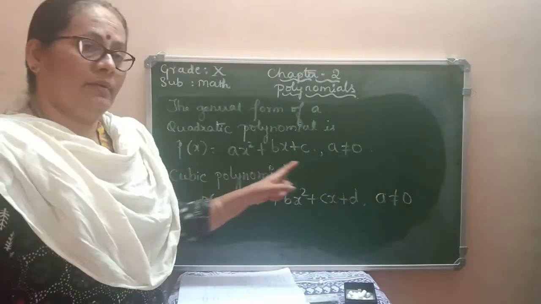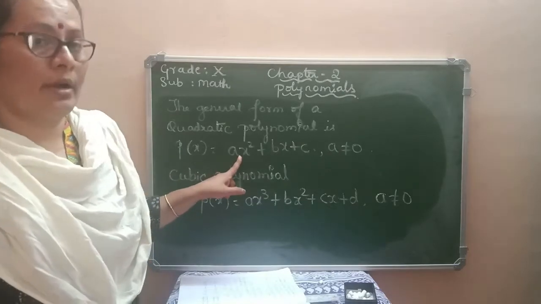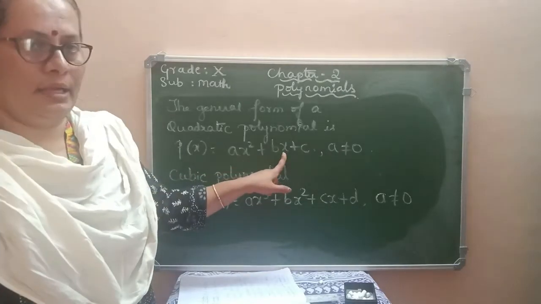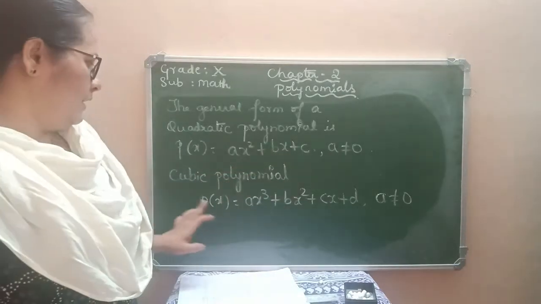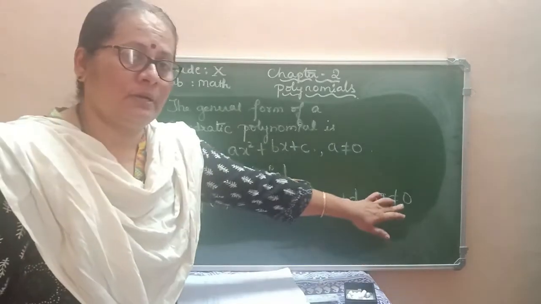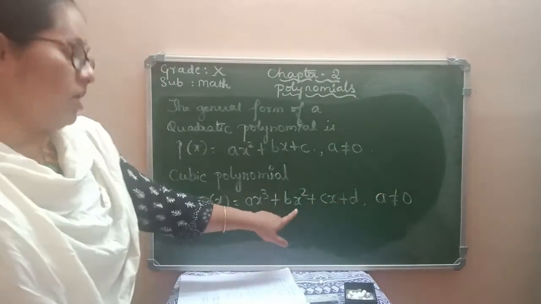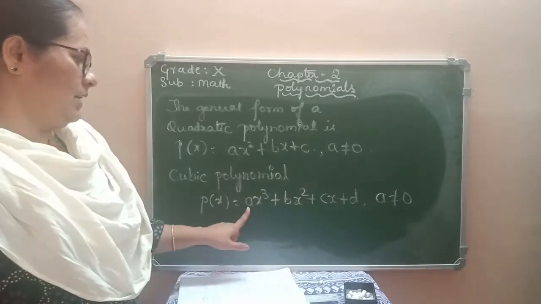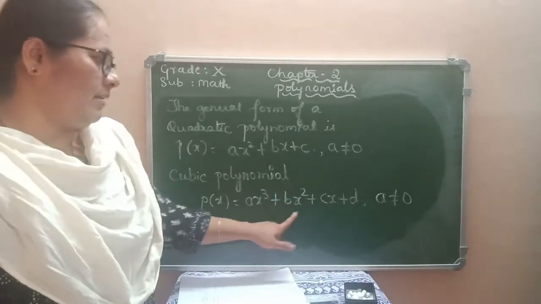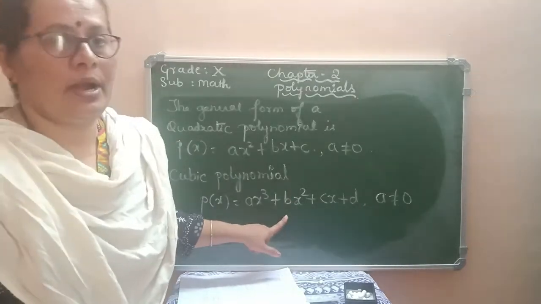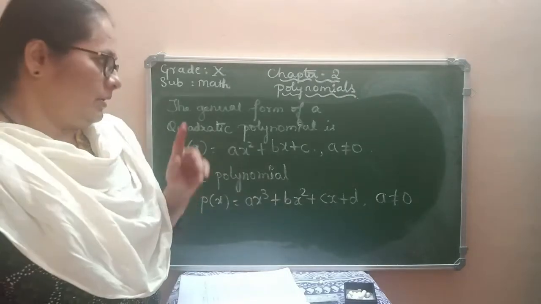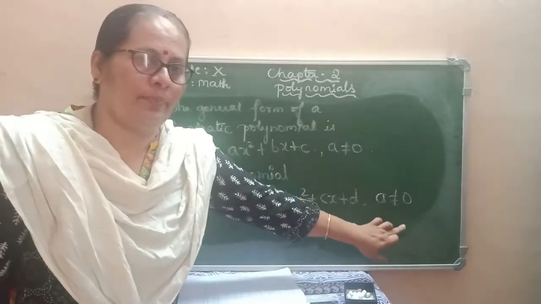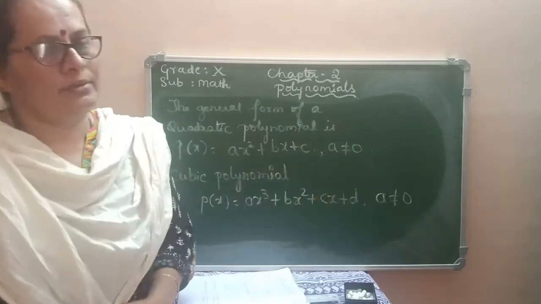When a equals 0, then you will not get a quadratic polynomial, you will get a linear polynomial here. And in a cubic polynomial, if a is equal to 0, we get a quadratic polynomial. Why? Because 0 into x cube is 0, so the remaining terms belong to a quadratic polynomial. Therefore, this condition, a not equal to 0, is very important.